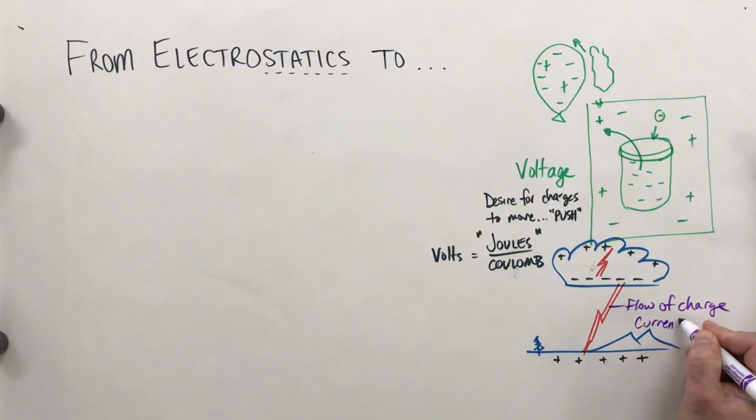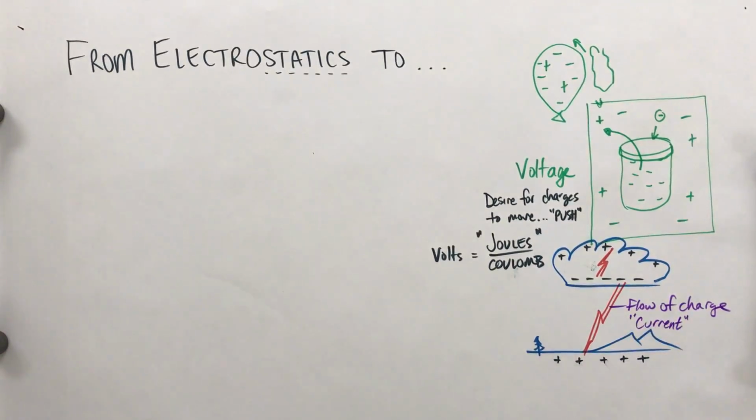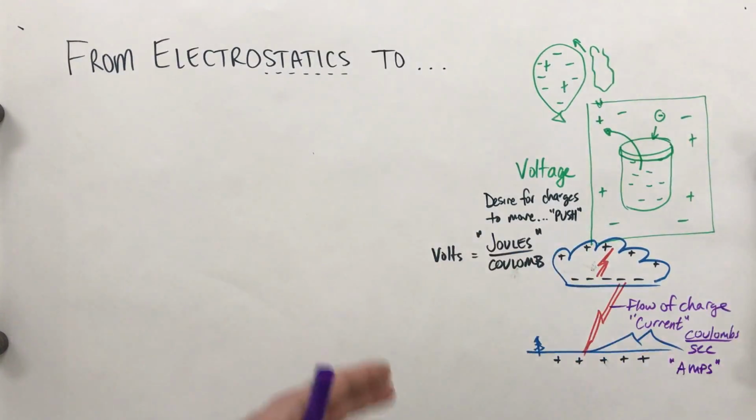Current, just like the current of a stream, is the flow of charge. And current would be in the units of coulombs per second. How many coulombs are flowing through a certain location every second. And we call coulombs per second amps. Okay, so if you've heard these terms volts and amps before, hopefully this is starting to come together to make a little bit more sense.